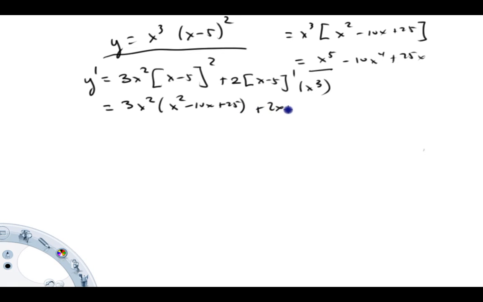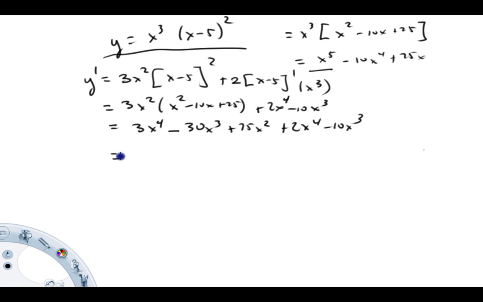plus 2x minus 10, and that's times x cubed. I think I'll go ahead and multiply this out. This is going to be 3x to the fourth minus 30x cubed plus 75x squared plus 2x to the fourth minus 10x cubed.